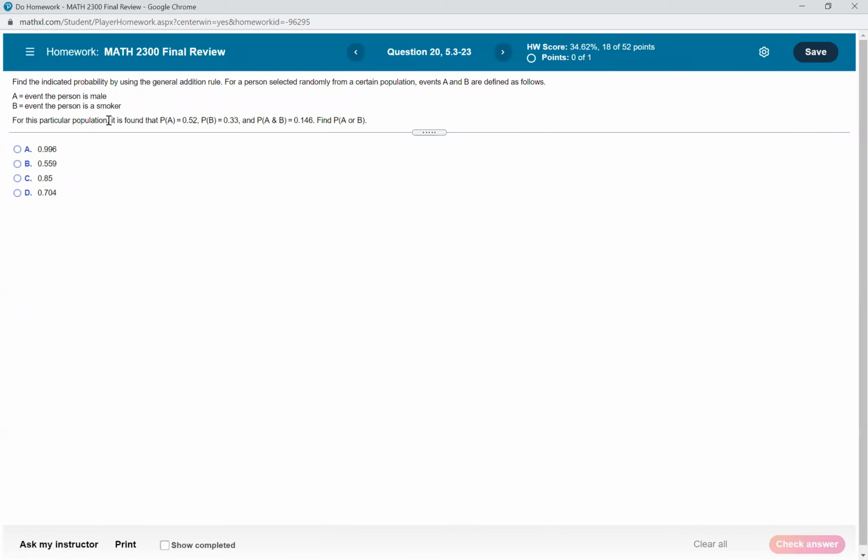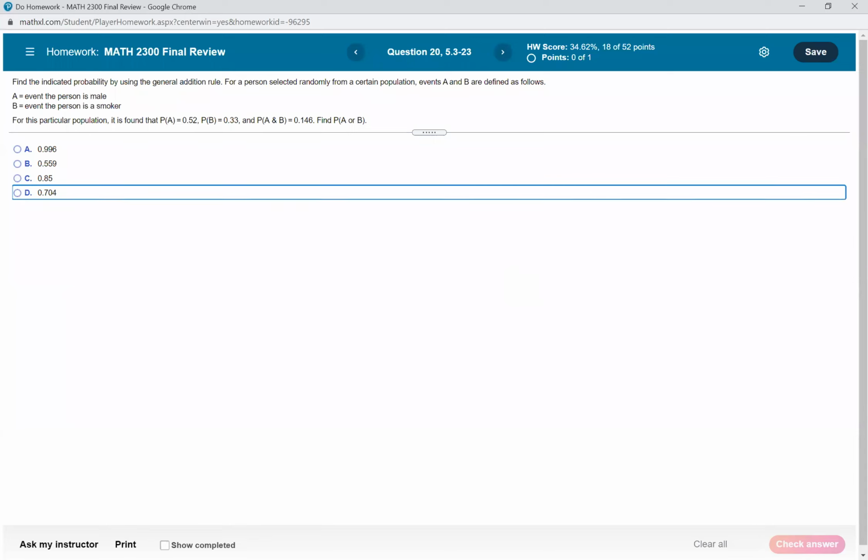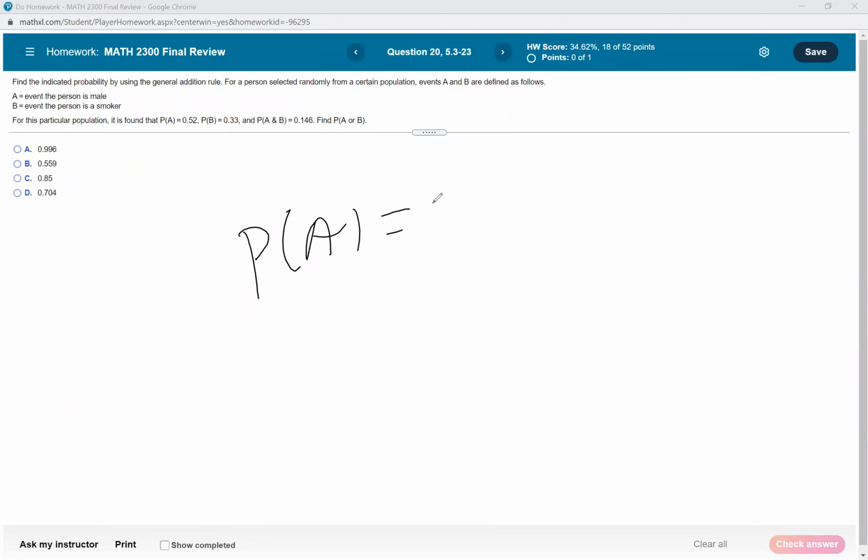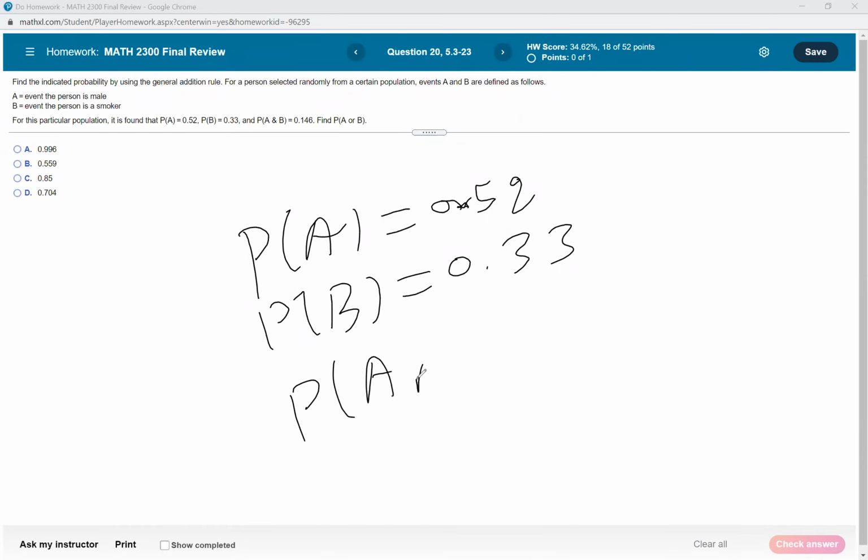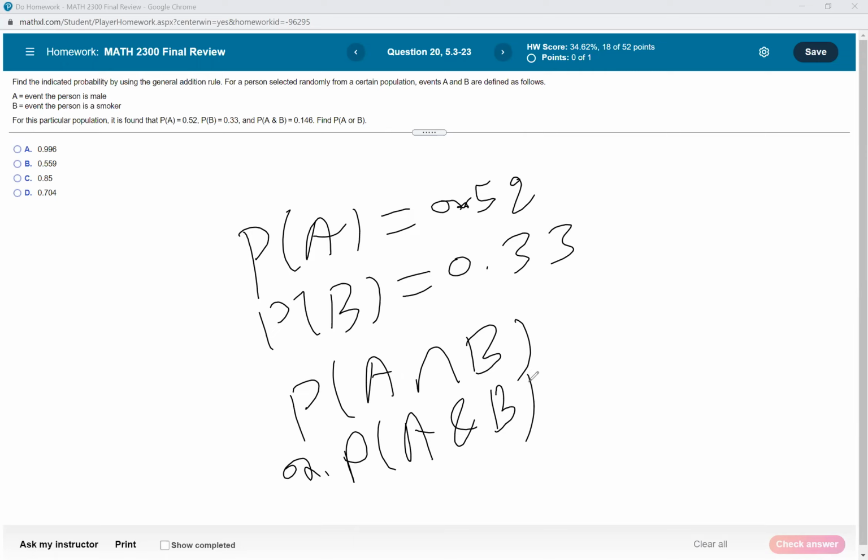For this particular population, we are given that the probability of A is 0.52 and the probability of B is 0.33, and the probability of A intersection B, or you can say the probability of A and B, they are the same, is equal to 0.146.